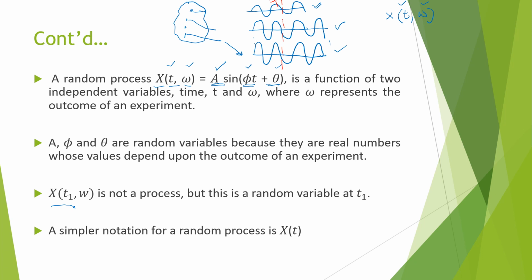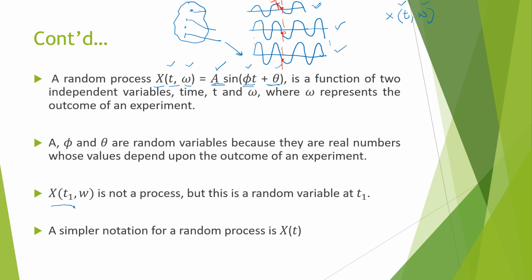At time t1, if this is the marking, then it has some value here, some value here, and some value here. So at time t1, at a specific time instant, all sample functions are yielding certain values. All of them are random variables.